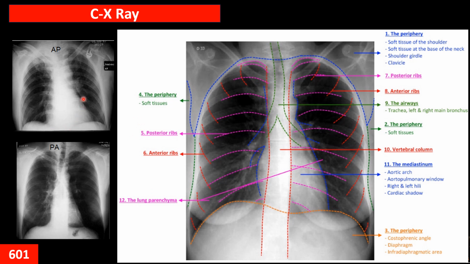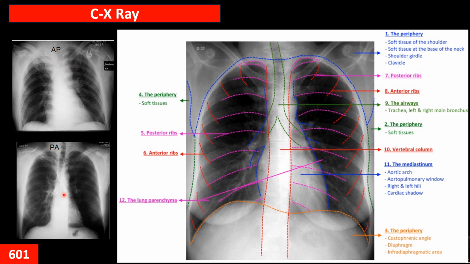And I have to mention here there are two ways we do chest X-ray: PA and AP, posterior anterior and anterior posterior. The classic is PA, but in those situations where the patient cannot stand, and especially at bedside or portable, we do AP, where we put the film on the back of the patient, and the tube of the X-ray is anterior to the chest.